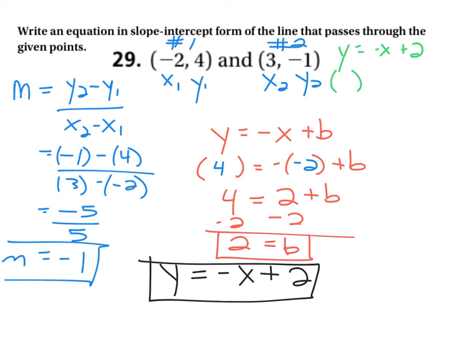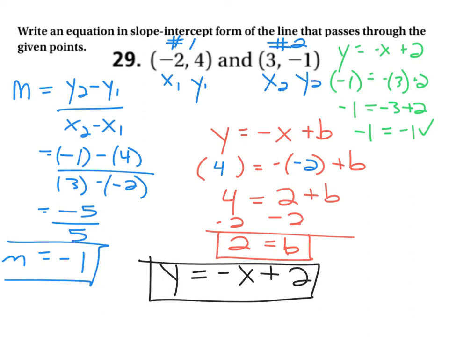Y is negative 1 right there, and plug in the x value of 3, complete the rest of the equation, and then simplify it. Negative 1 is equal to negative 3 plus 2, or negative 1 equals negative 1. Check. We did a proof of it.